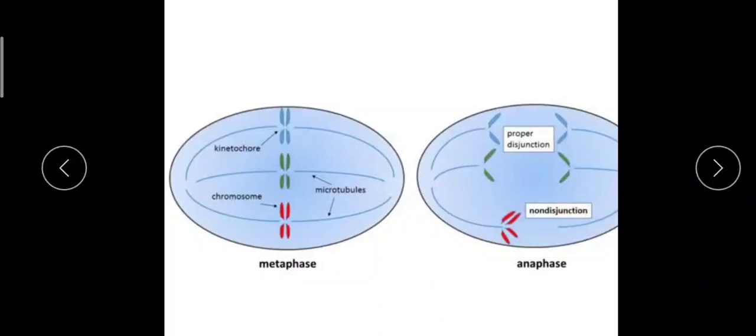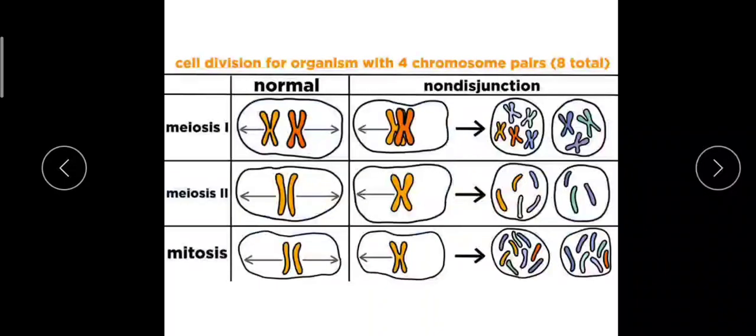So this is non-disjunction. In case of meiosis, if non-disjunction occurs in meiosis 1, what happens there? During the anaphase of meiosis 1, the separation is of homologous chromosomes.